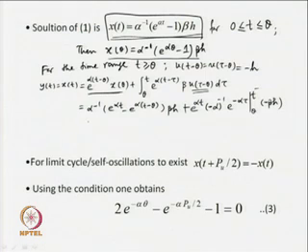Which further upon simplification gives us alpha inverse (e to the power alpha t plus 1 minus 2 times e to the power alpha (t minus theta)) beta h. So, this is what we get for the time range t is greater than equal to theta.